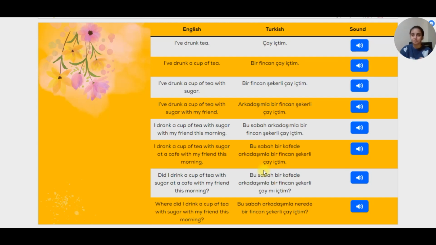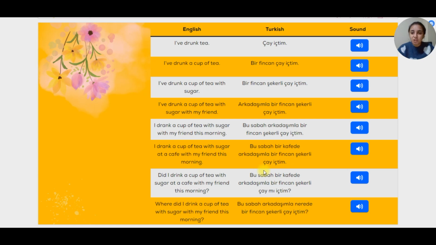Let's see. Çay içtim. I have drunk tea. Bir fincan çay içtim. I have drunk a cup of tea. Bir fincan şekerli çay içtim. I have drunk a cup of tea with sugar.